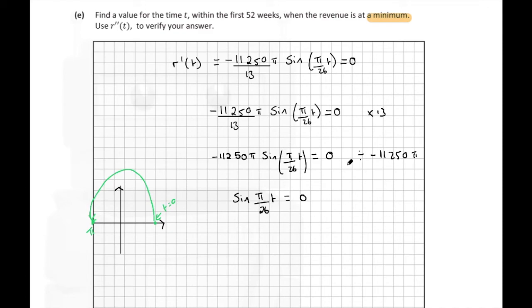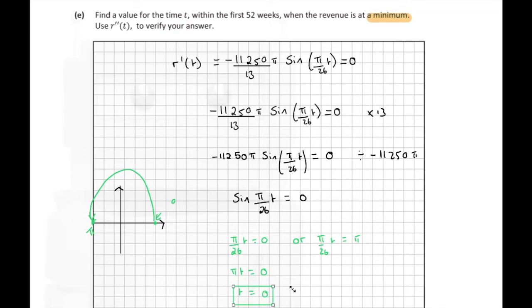Now that is going to be our value of pi. So what we need to do then is the angle as a whole, rather than t, apologies. So the angle as a whole is going to be equal to 0. So what I'm going to have is that pi over 26 t is equal to 0, or pi over 26 t is equal to pi. Then I'm going to multiply up by 26, and I'm going to get pi t is equal to 0. t is equal to 0 when I divide across.